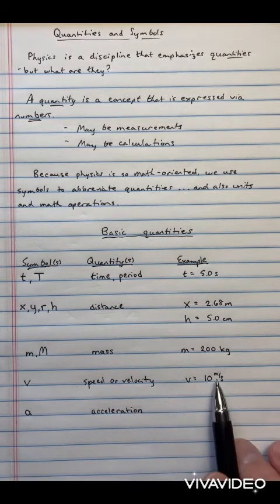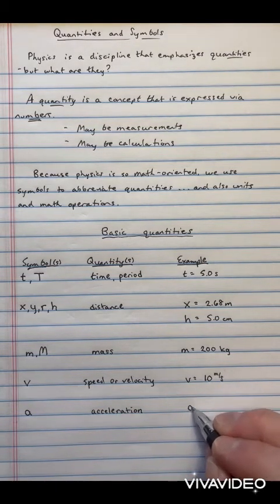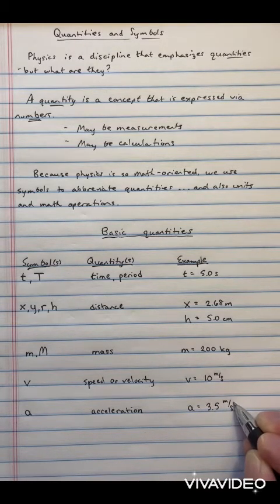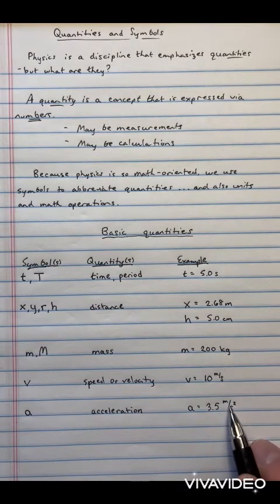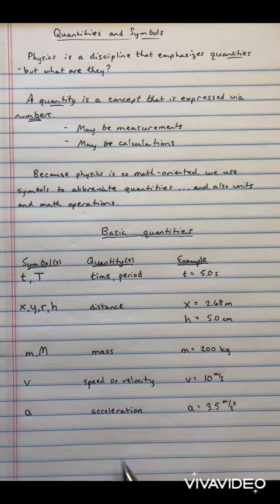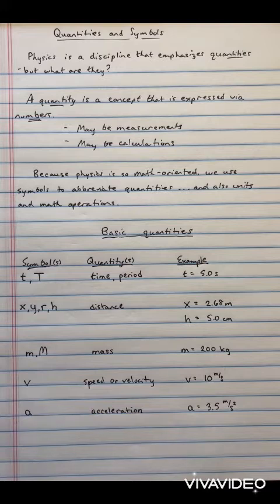Notice that velocity is in meters per second, and acceleration, let me write down a sample number just to have a number in front of us, say 3.5 meters per second squared. Notice that that comes in compound sets of units as well, which is to say, these quantities here, time, distance, mass, those are fundamental.